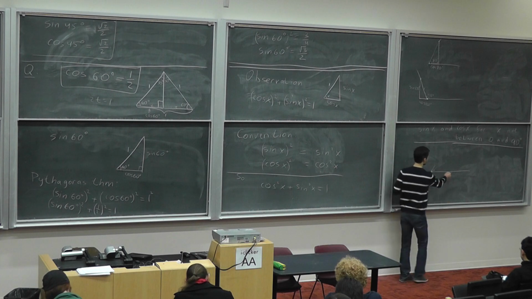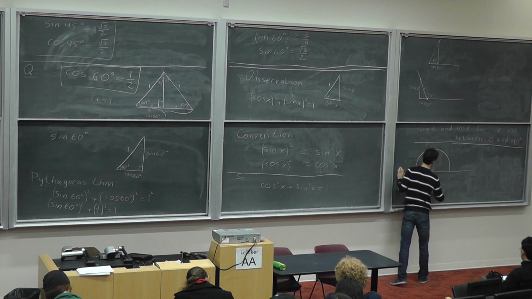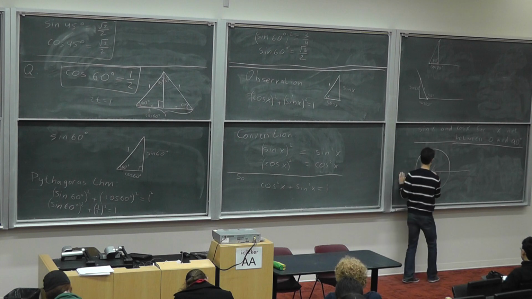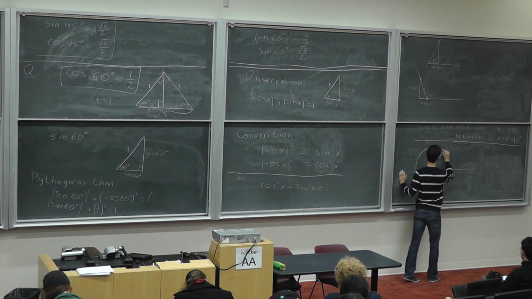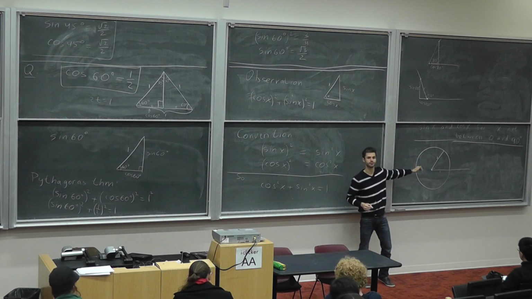How can we do it? Well, here's one way. Take a circle of radius 1, and intersect this ray with this circle. So go in this direction until we hit the circle. This is going to be length 1.